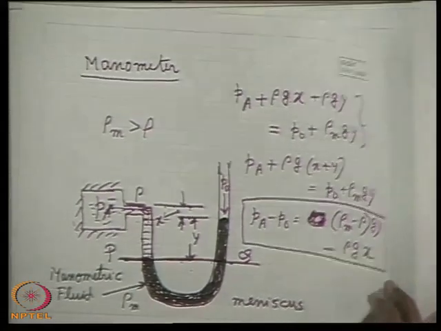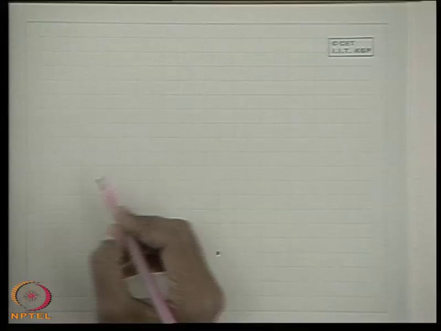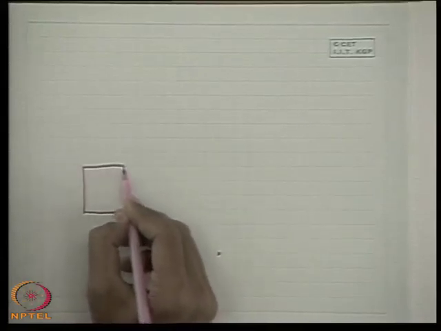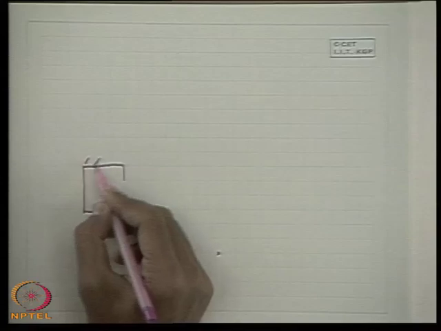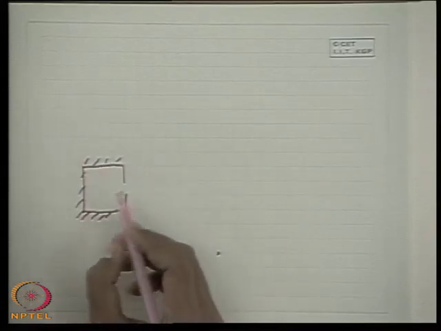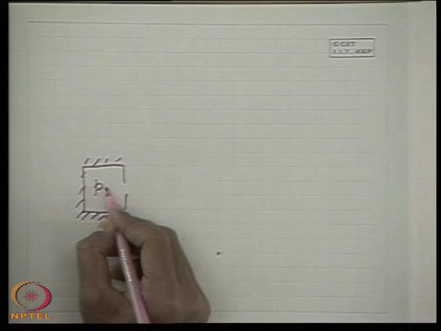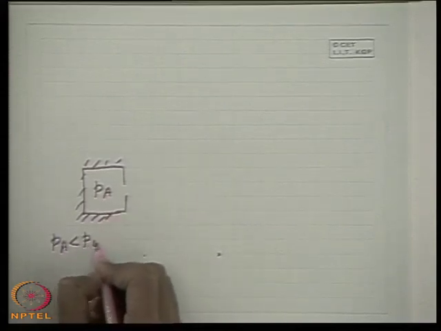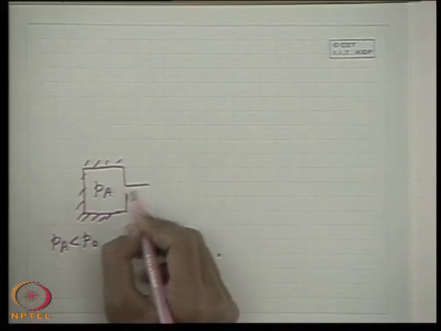Now, a very simple case: consider the system where the pressure is below the atmospheric pressure. How? The manometric fluid will adjust. Now, if Pa is less than P0, the atmospheric pressure, what will happen?